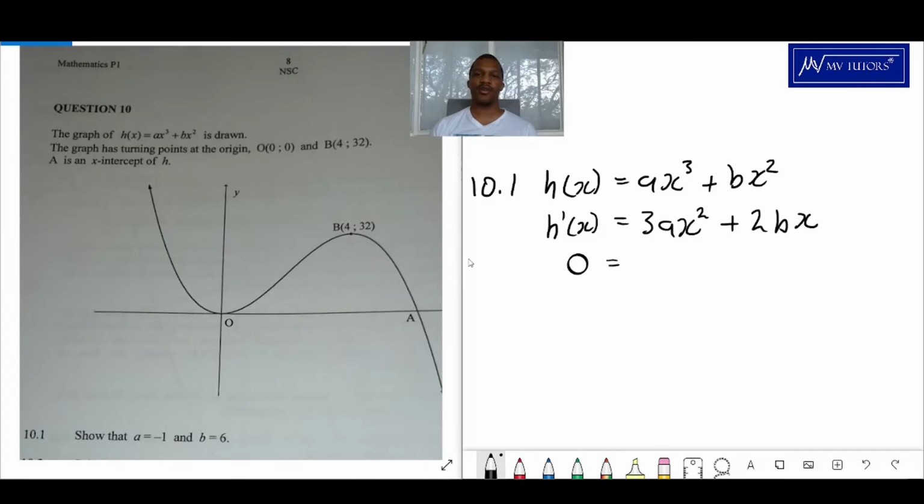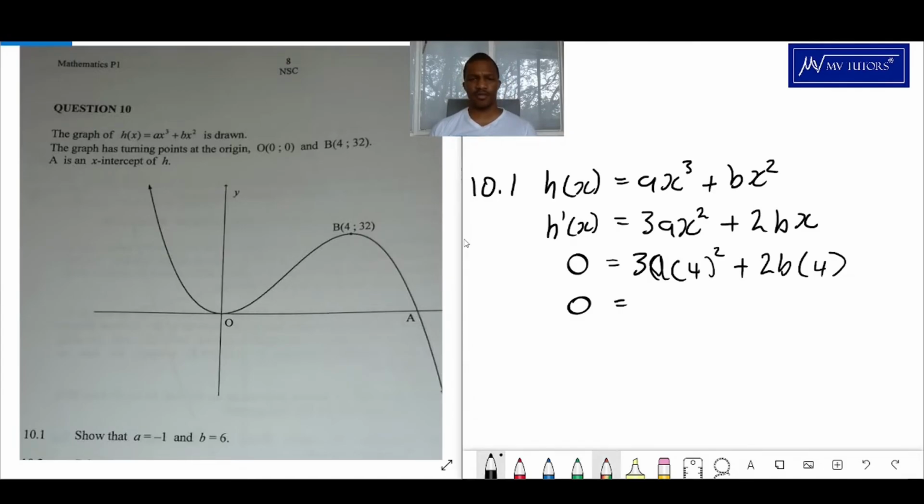And then we know that the turning point is at an x value of 4, so we're simply going to substitute 4 there, plus 2b times 4. It's still going to be 0.